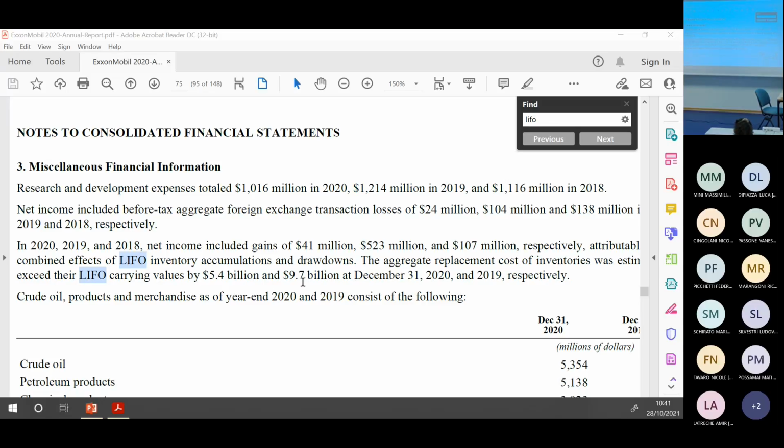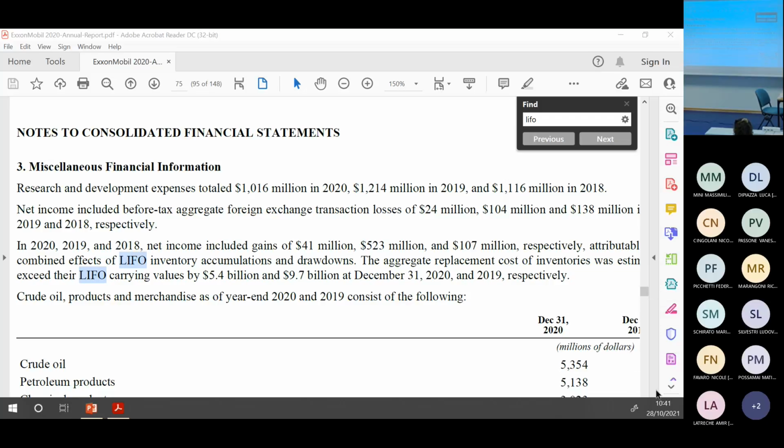All the tanks were full, so they just kept the oil at sea, on the tankers. There were people that spent like 4 months at sea, just waiting to dock at the port. So probably in 2020 this reserve was not that relevant, but in 2021 we're going to see an increase because now the prices are increasing and they keep using LIFO. So they keep reporting the inventory at the oldest prices.